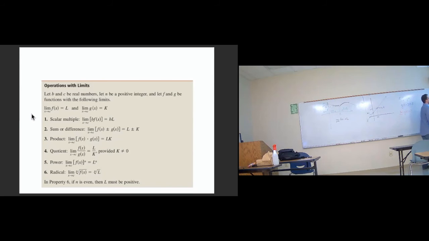The second rule is telling us you're taking the limit of two functions and adding those two functions together. Let me write this one out actually. I think these will be easier to see written out.